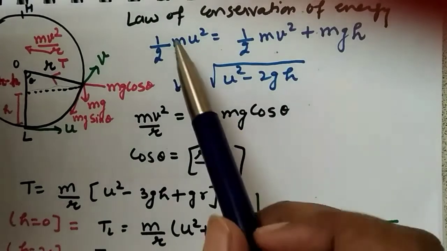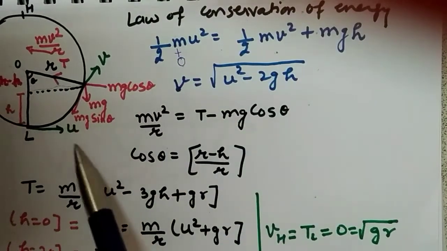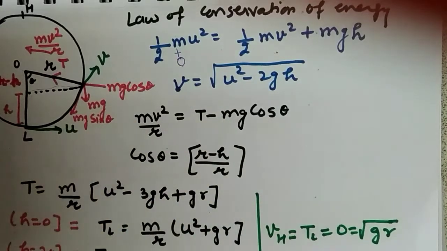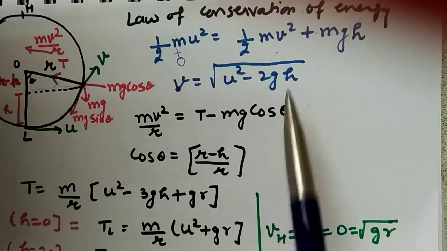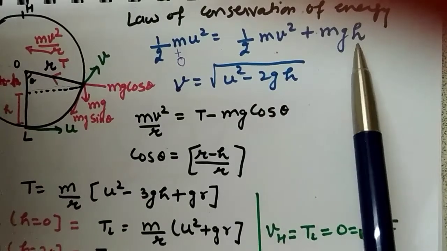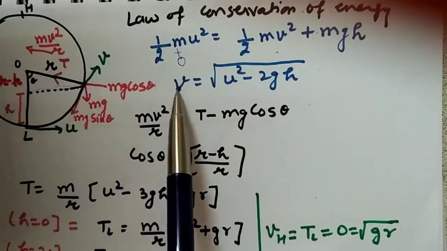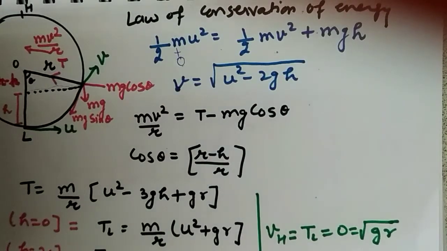So that's what I have done: half m u square is the initial kinetic energy, the initial potential energy is assumed 0 because the person is at the lowest point, then the final kinetic energy and final potential energy. Simplifying this equation, I will get v equal to root of u square minus 2gh.